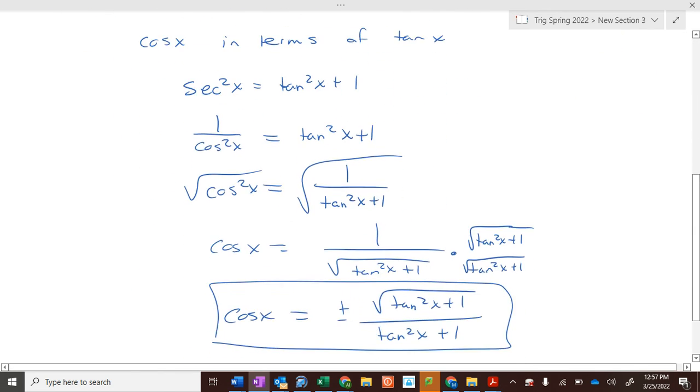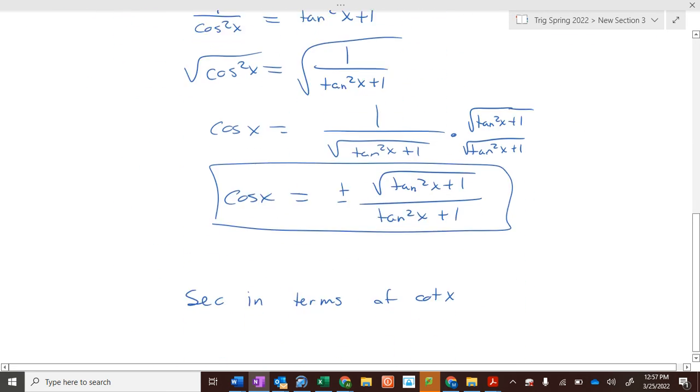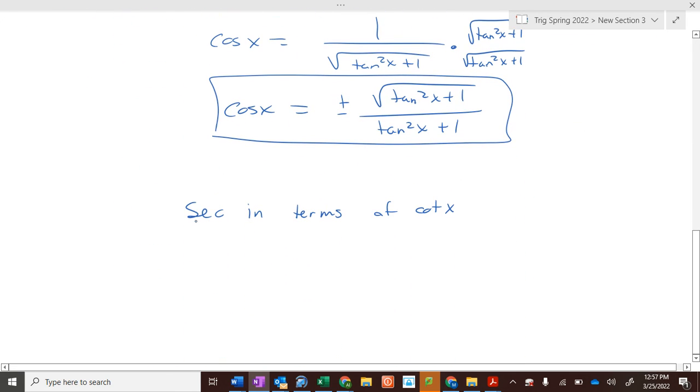Tangent. This says cotangent. In the cotangent one, what does cotangent have with it? Cosecant. Is it easier to change a secant into a cosecant or a cotangent into a tangent? Cotangent into a tangent. You're right on that one.